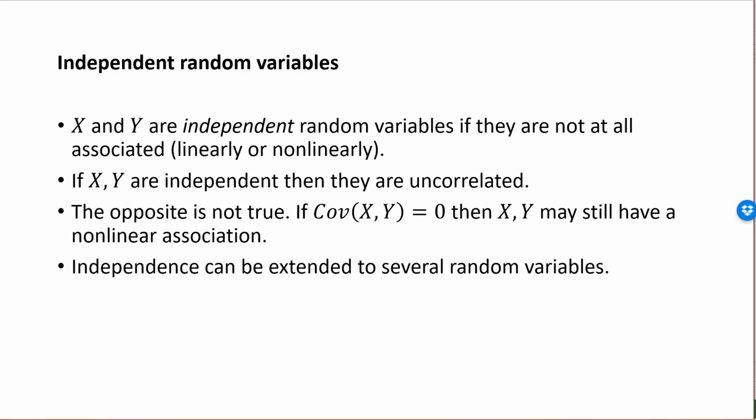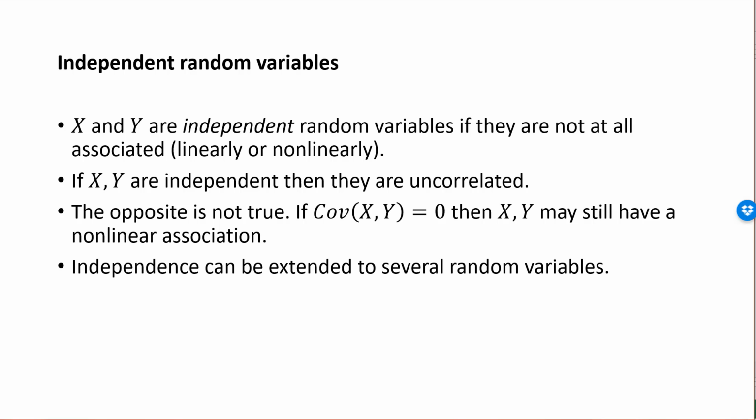So I can say something like I have a sequence of random variables, x1 through xn, that are independent. And that may actually mean something different than saying that x1 is independent of x2, x1 is independent of x3, and so on. We can actually make this statement for several random variables.